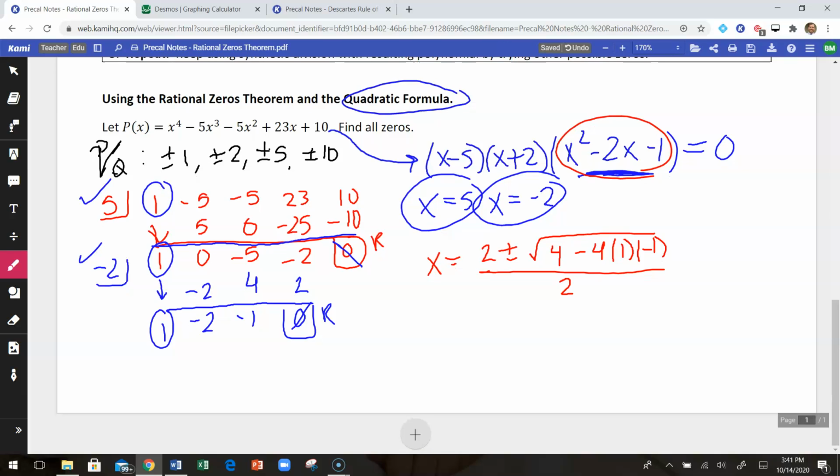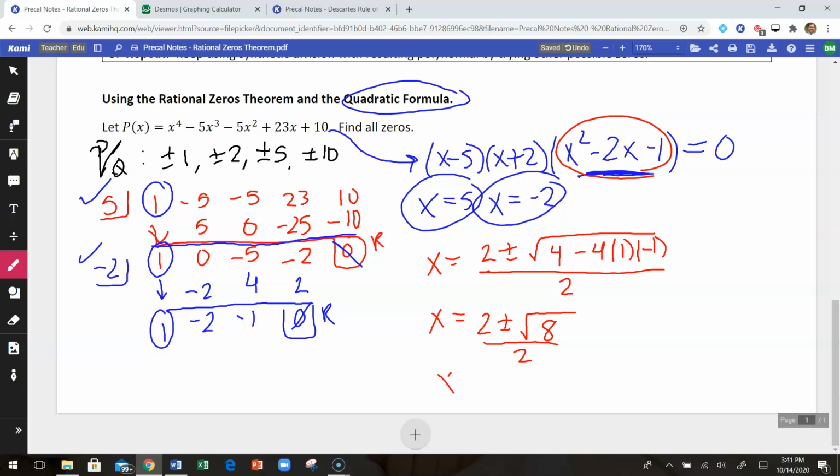And I'm just going to simplify this as much as I can, and I'm going to leave it as a nice answer and not 2.414 or whatever it was on the graph. Okay, so 2 plus and minus the square root of, on the inside here I have 4, and then 4 times 1 times -1 would be -4, but I'm subtracting that, which means I'm going to add 4, so that's going to give me 8 over 2.